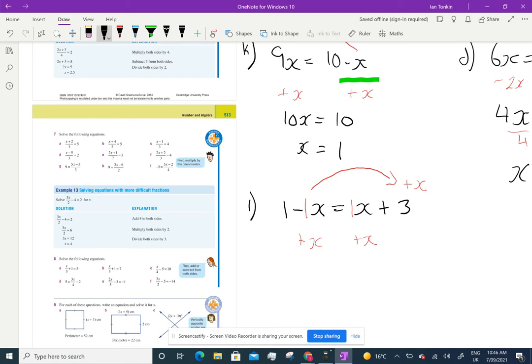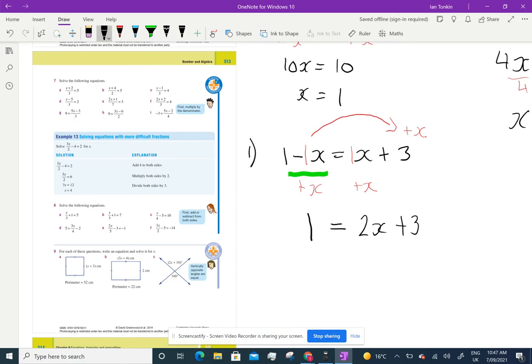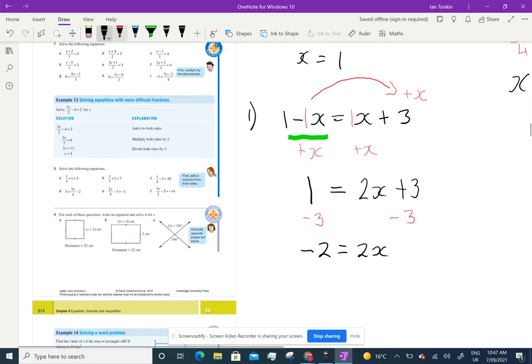So on the left-hand side, if I add the x, I'm left with 1. And 1x plus another x, well, that's 2 x's. And I've got plus 3. All right, now I have to get everything away from the x, so I have to minus the 3. And don't let the fact that you're going to get a negative number worry you. So you get negative 2 equals 2x. Just use your calculator. You're still doing the same thing.